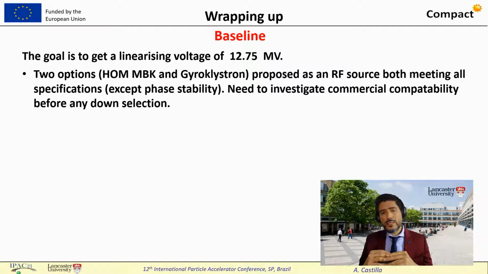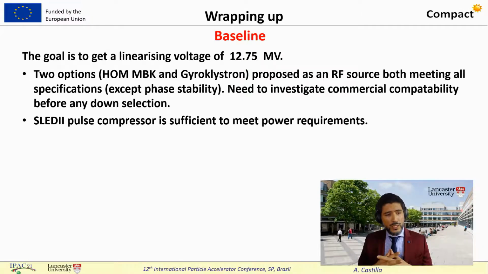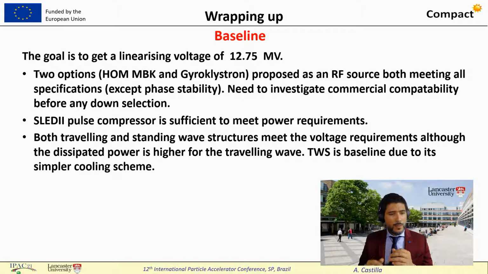And we think that the decision might come down to the commercial capability. This means if our commercial partners are more interested to pursue one of the designs rather than the other. We have also seen that a delay line SLED pulse compressor is sufficient to meet the power requirements both for the standing wave and the traveling wave structures. And we have both of these options available for a structure of our linearizer at 36 gigahertz.